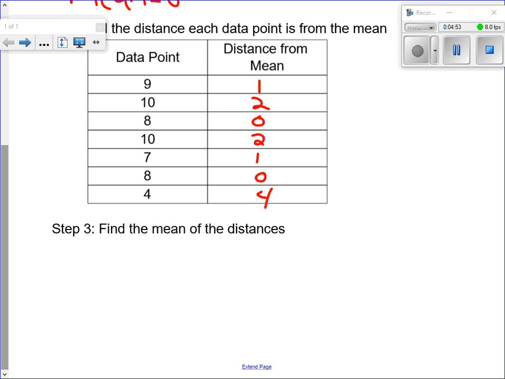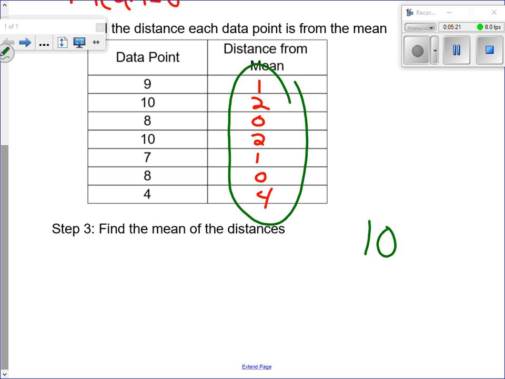Step number 3. Very simple. Take all of these and find the mean of those. So we add all of these up. 1 plus 2 is 3, plus 2 is 5, plus 1 is 6, plus 4 is 10.